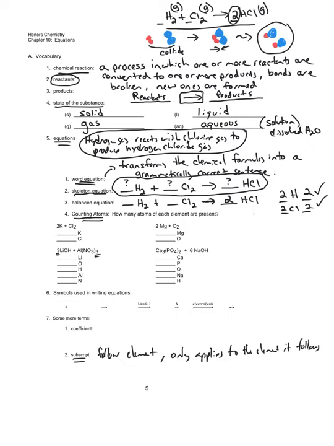A coefficient is out in front of the formula, and it is applied to all atoms in the compound, or all atoms of the element. We don't stop applying the coefficient until we get a plus symbol or until we get an arrow, okay?